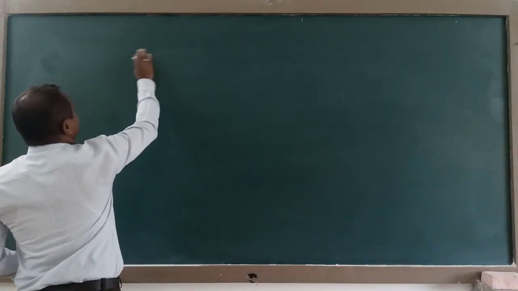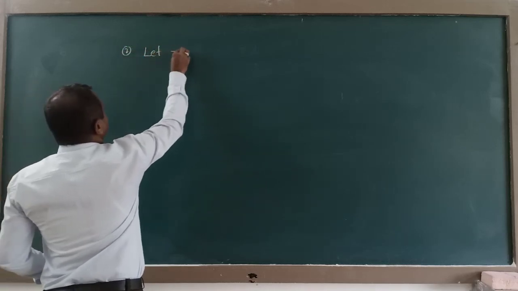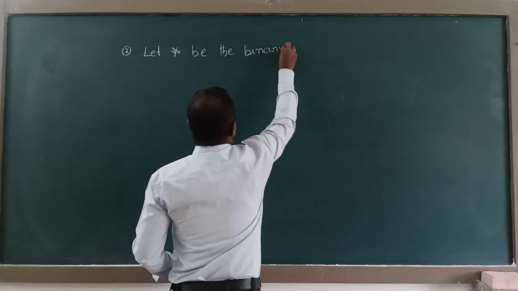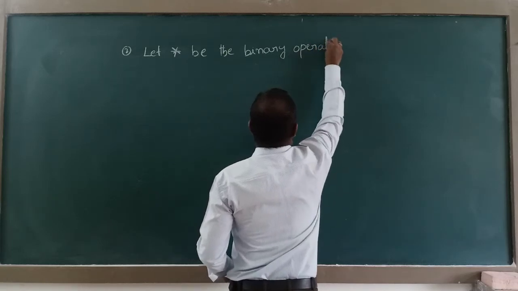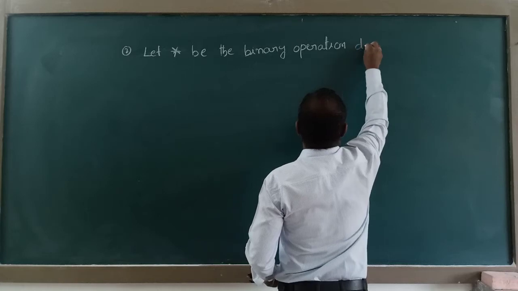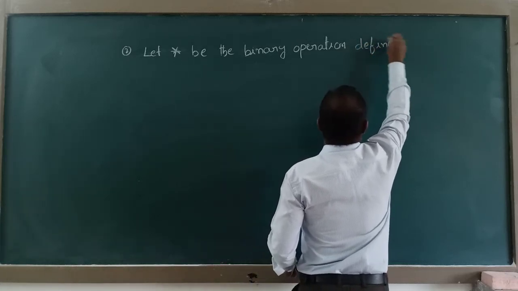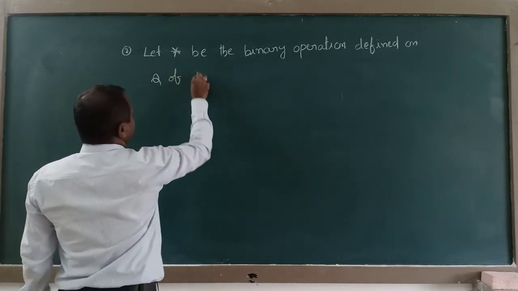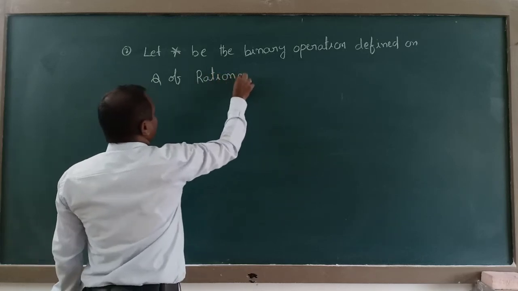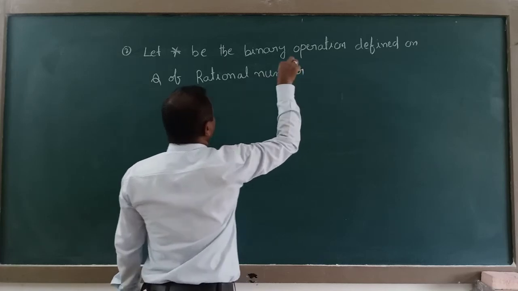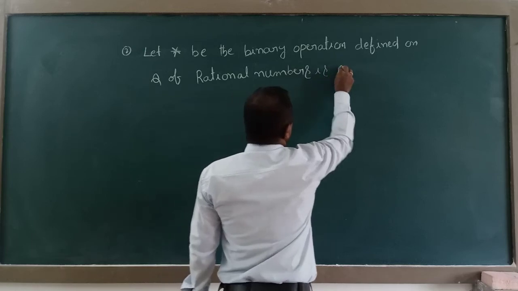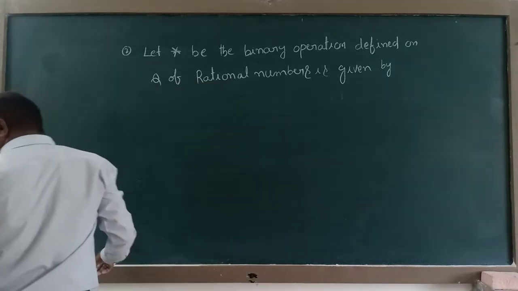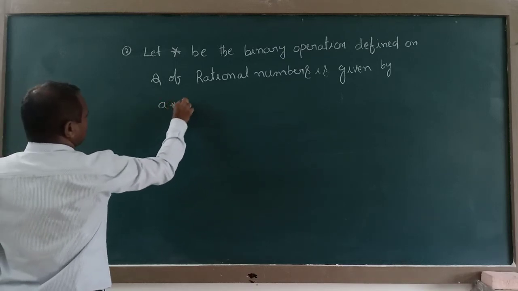Second question. Let star be the binary operation defined on Q, the set of rational numbers, given by A star B is equal to AB by 2.